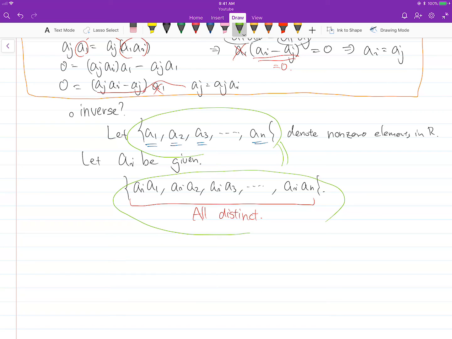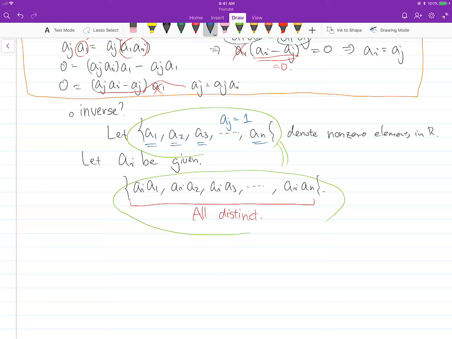Previously, we showed that one of them is 1. So we have an a_j which is 1. We don't know what j is, and actually it doesn't really matter. All we know is that there is an element called a_j, which acts as the identity element under multiplication.